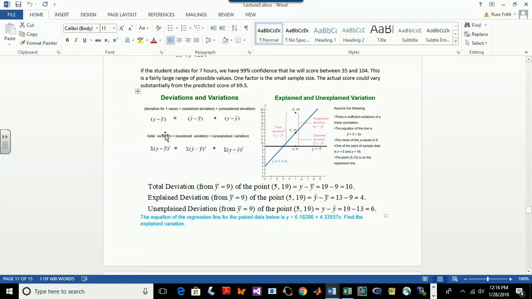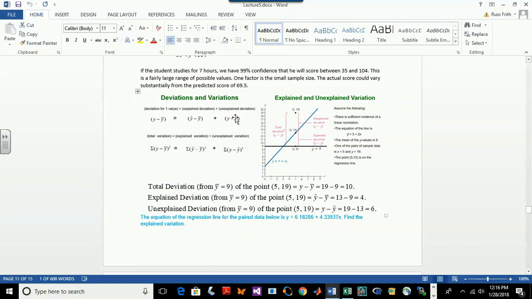The deviation for a value is y minus y bar. The explained deviation is y hat minus y bar. The unexplained deviation is y minus y hat. So y is a y value from your sample data, and y hat is your predicted value for a given x.